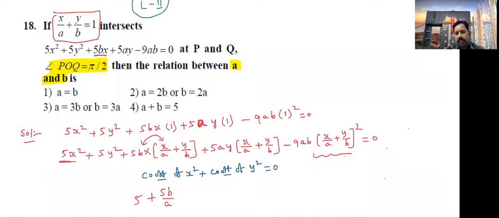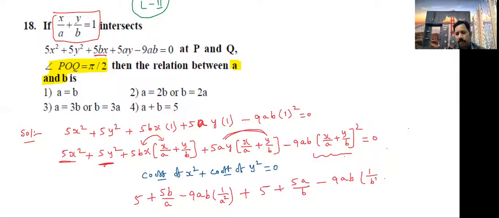After expanding x by a plus y by b whole square, we get x square by a square, minus 9ab into 1 by a square. These are the x square coefficients. Similarly, for the y square coefficient, here 1, multiplying these two, we get 5a by b minus 9ab into 1 by b square, that is equal to 0.